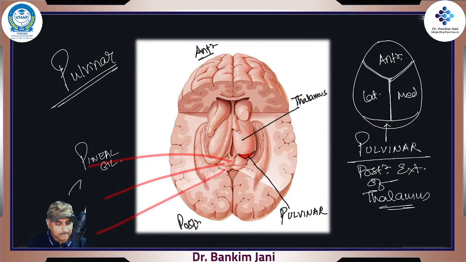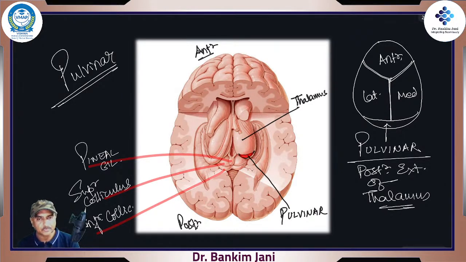Then we have got the superior colliculus, and then we have got the inferior colliculus, right? So superior colliculus is for vision, inferior colliculus is for audio, the hearing, right? So pulvinar is present over here.